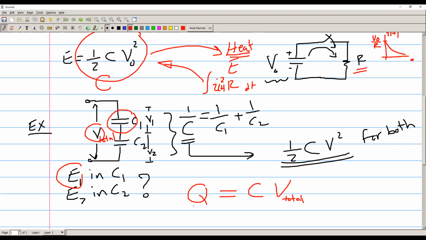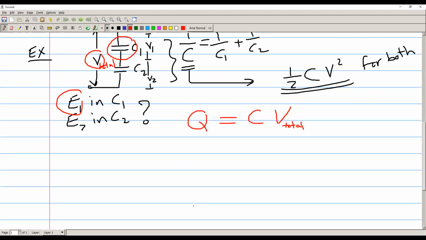So if I want to compute V1, Q will be equal to C1 V1. If I want to compute V2, Q will be equal to C2 V2.